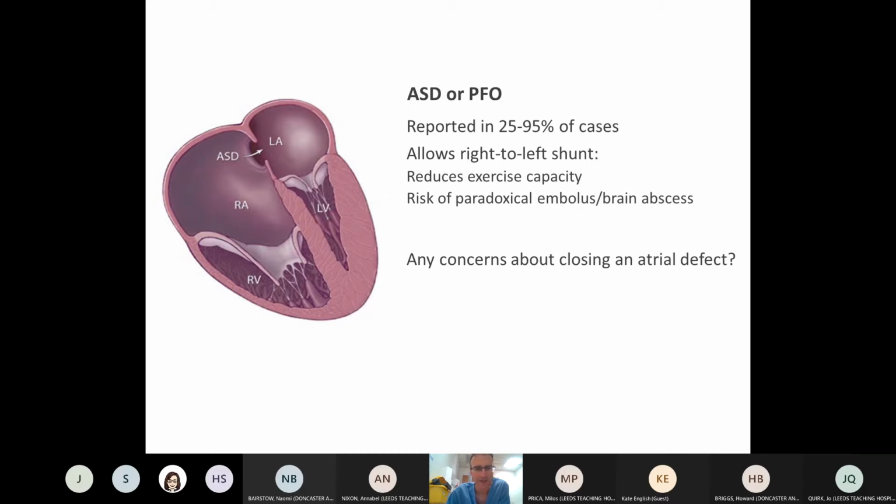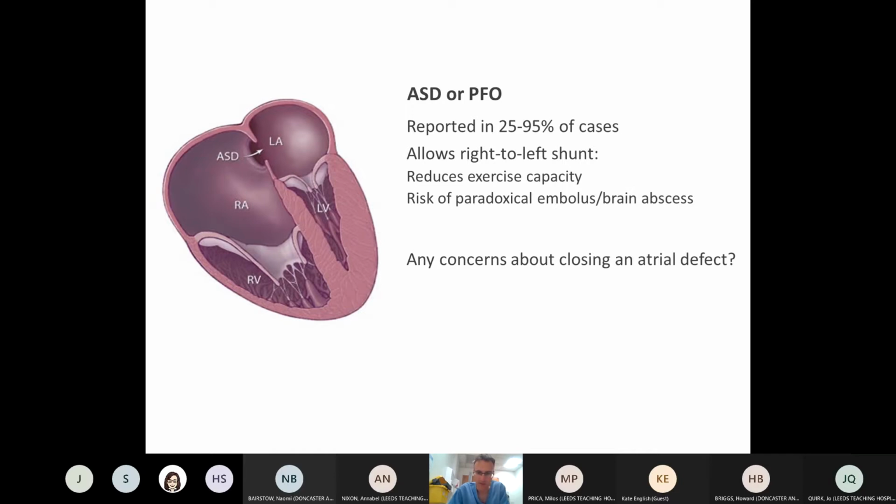And that potentially allows shunting through the atrial septum, and given all the problems in the right heart, often right to left shunting. And that right to left shunting itself potentially causes systemic desaturation, which itself reduces exercise capacity, and leaves patients at risk of paradoxical embolus or brain abscess.